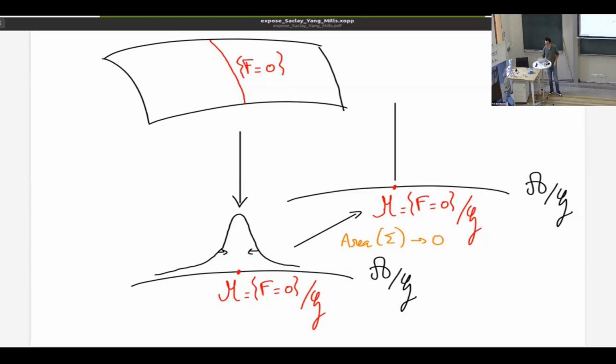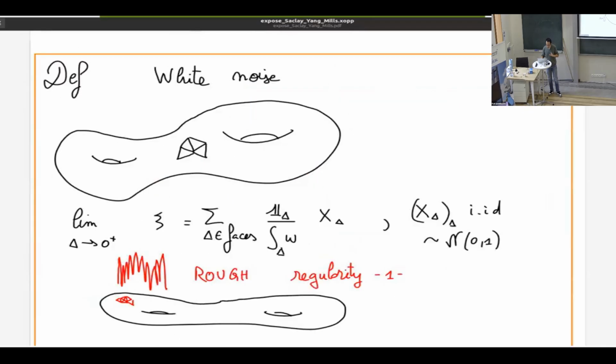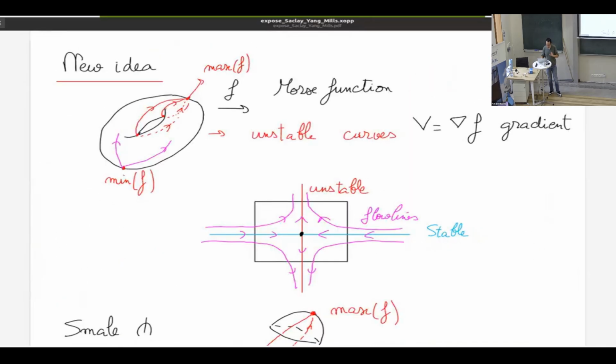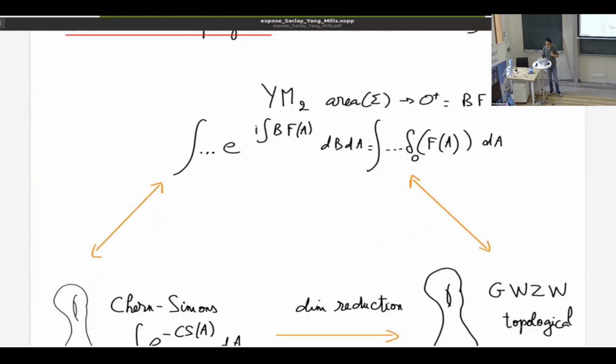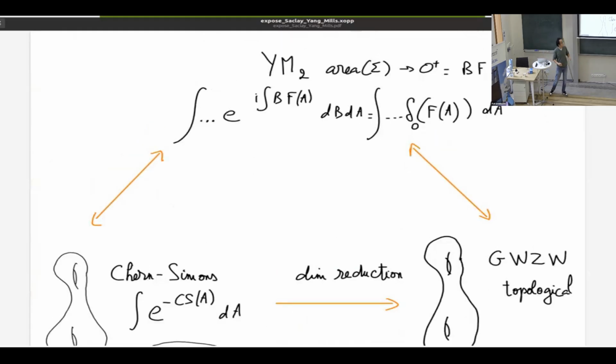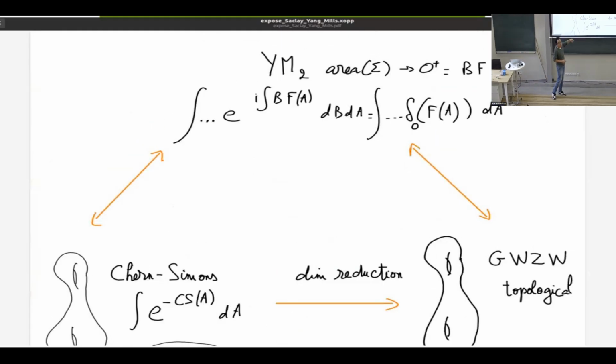And the relation with Chern-Simons goes as follows, from what I understand. It's in Witten's paper, but I can try to explain very quickly: when the area goes to 0, you are calculating volumes of character varieties, if you want. And another way to recover these volumes of character varieties is by the Verlinde formula.